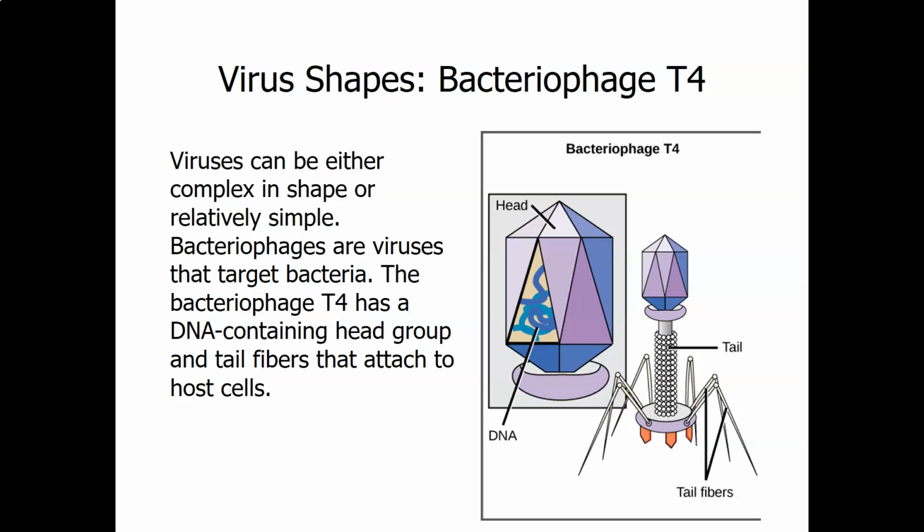Now, what we're looking at here is a T4 bacteriophage, which is a virus that infects an E. coli bacterial cell. And this is just showing you an illustration of how viruses can have a complex shape. So the head, in fact, the head is the capsid in this virus. And that capsid is a naked icosahedral shape.